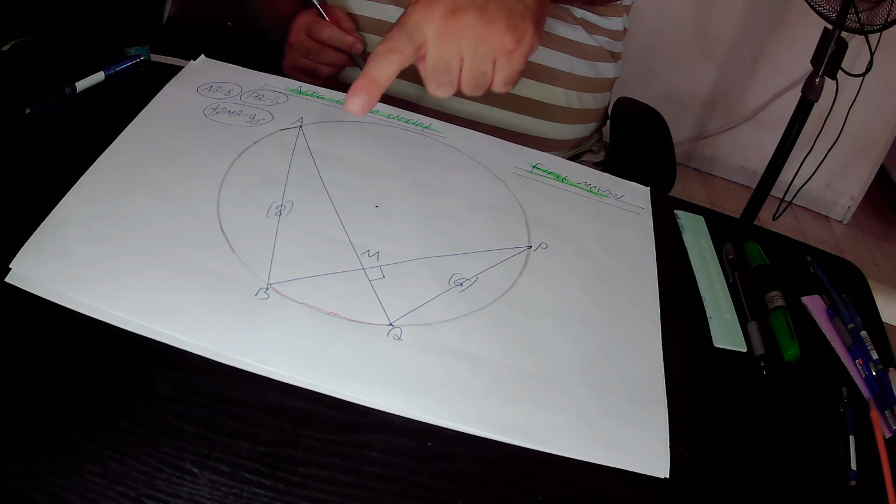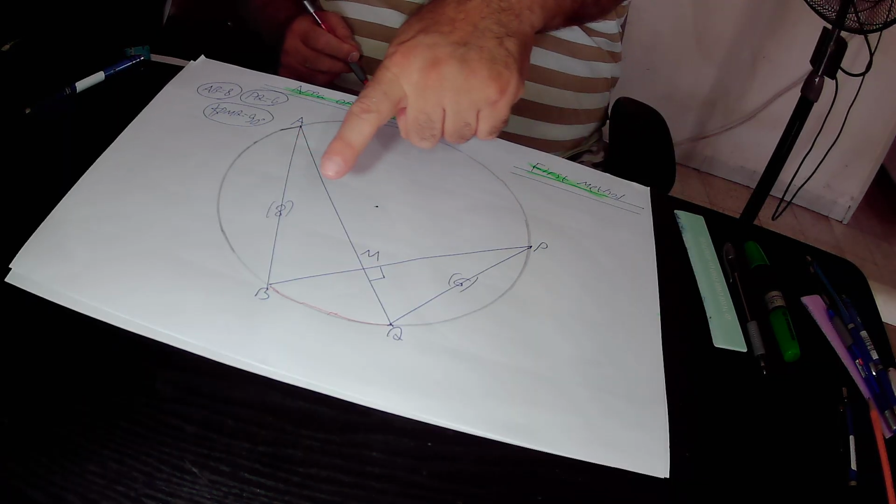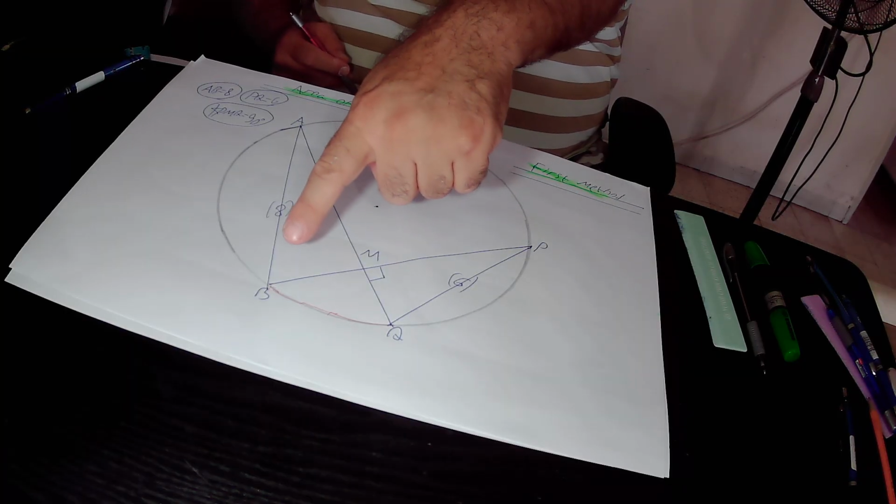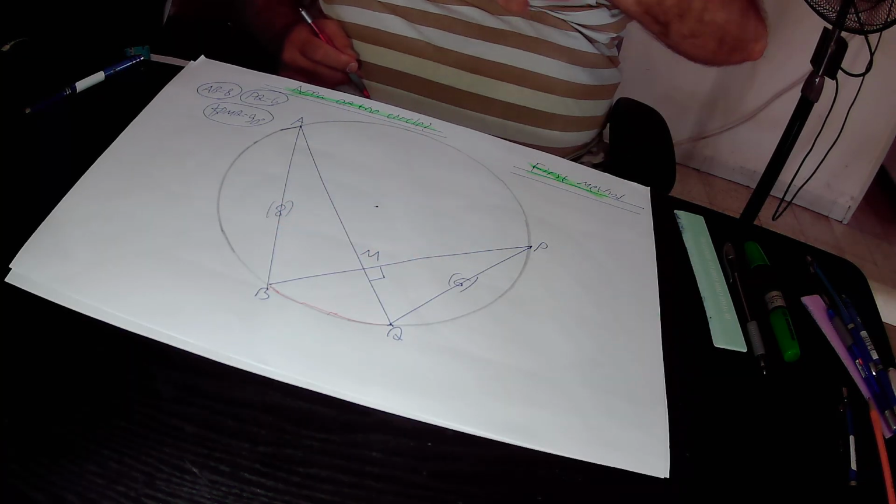We have peripheral angle BAQ that subtends on arc BQ. Again, peripheral angle BAQ subtends on this red arc, arc BQ.